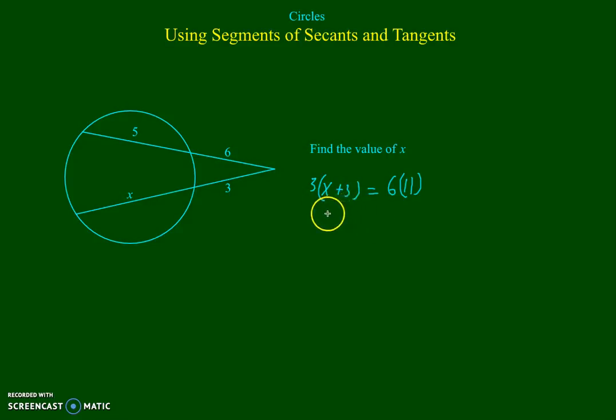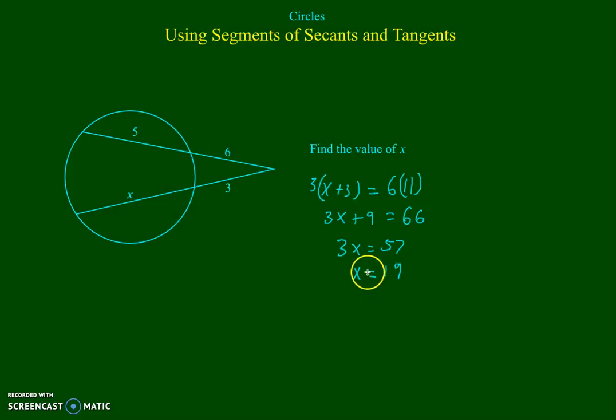So multiplying these together, we get 3x plus 9 equals 66. Subtracting 9, we get 3x equals 57. Divide by 3, x equals 19. And so there we have it.